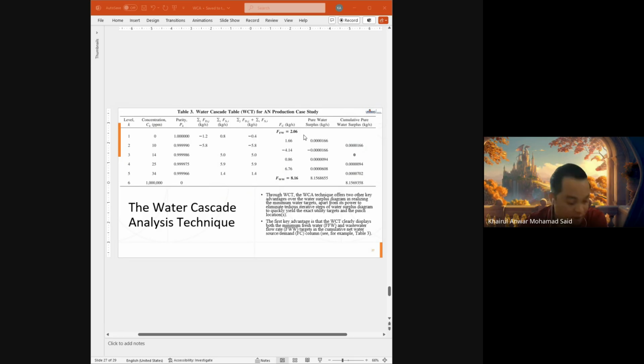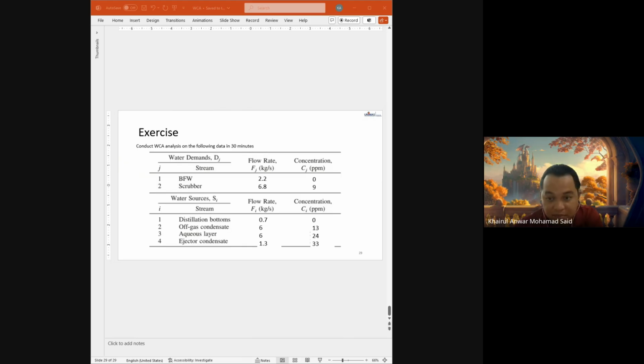So meaning the interval freshwater demand is negative 3.592 kilogram per second. That's a lot.